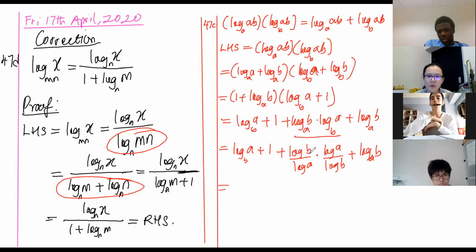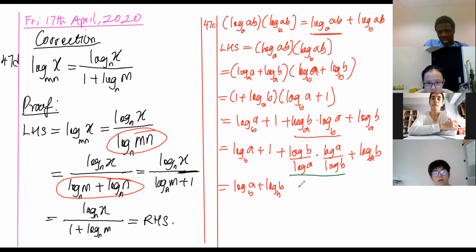So this is 1, this is 1, and I need this, right? Okay, so this is log B, so I'm going to make this also log base B, while this part is 1. Understood?